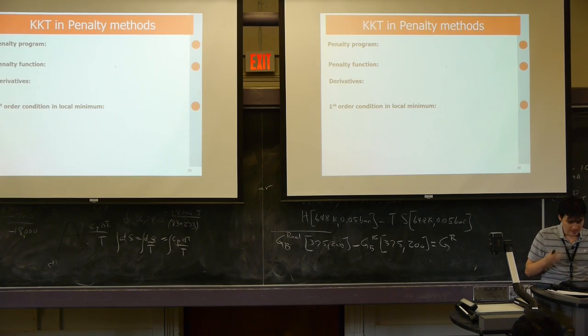So let's see how to use these functions with the Karush-Kuhn-Tucker conditions.